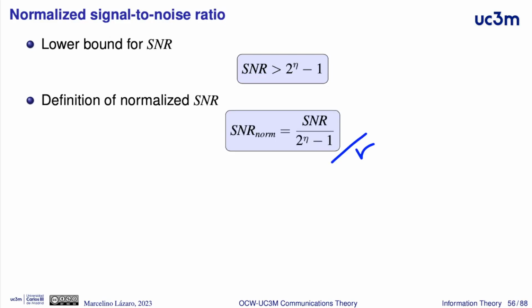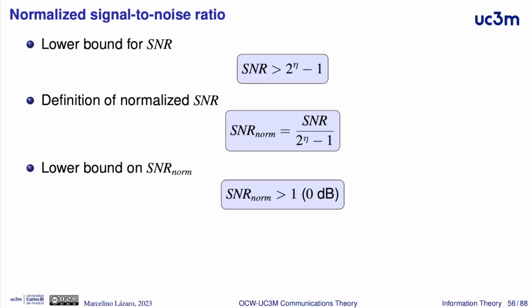And this means that with the normalized signal-to-noise ratio, the new limit is 1 in linear or equivalently 0 decibels. Therefore, we can understand the channel capacity limit in several different ways.